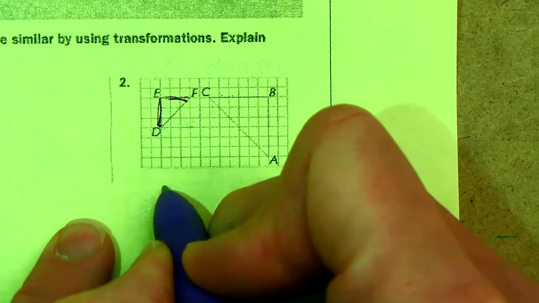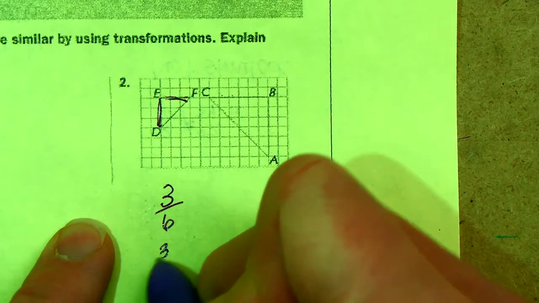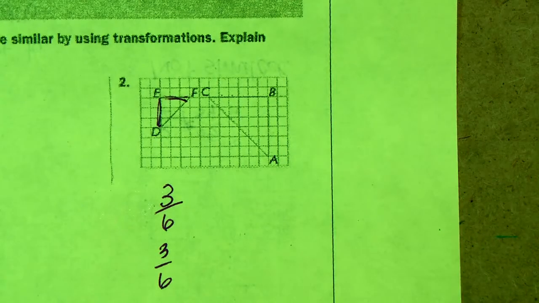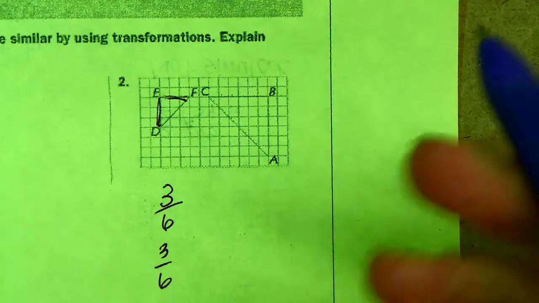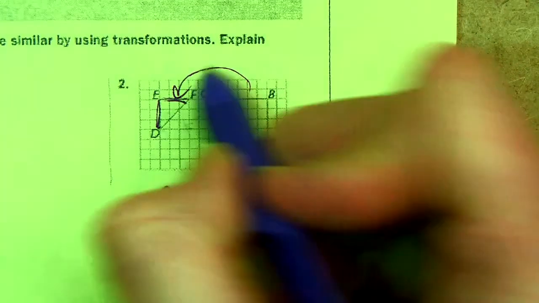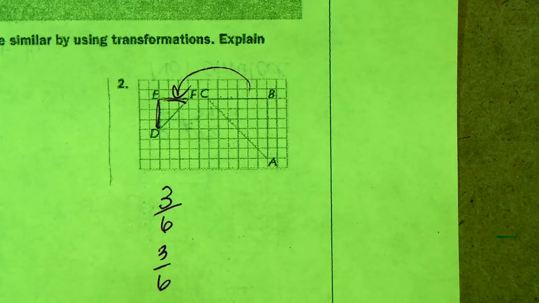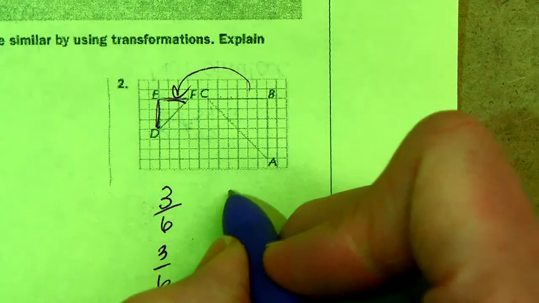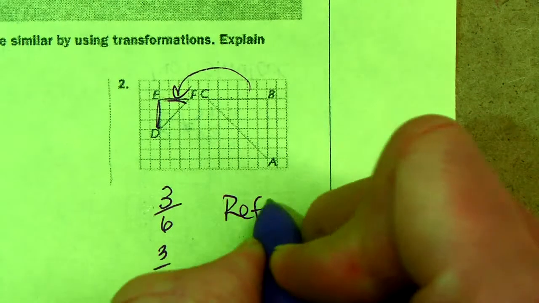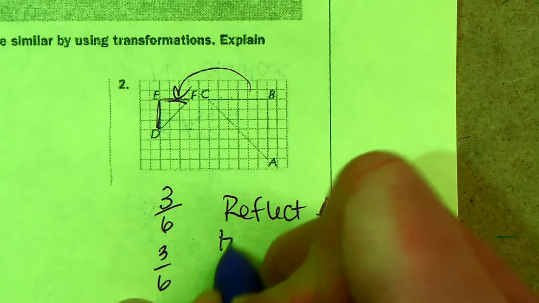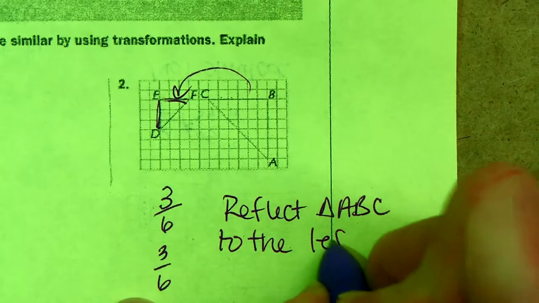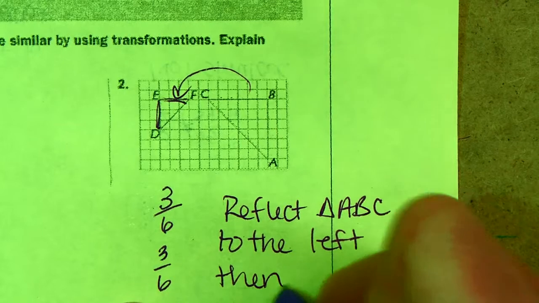So whether we are saying ABC onto EFG or EFD, there you go. So I'm going to say reflect triangle ABC to the left, then dilate by a scale factor of what?